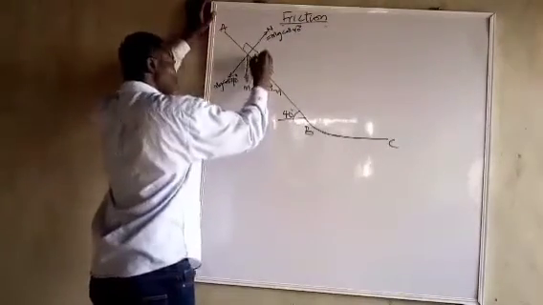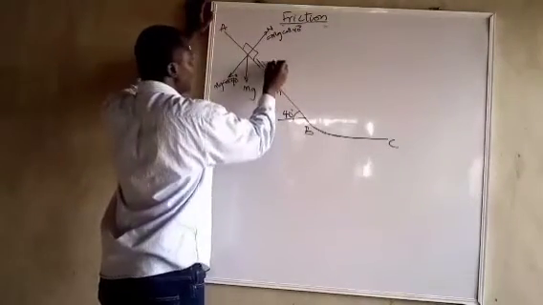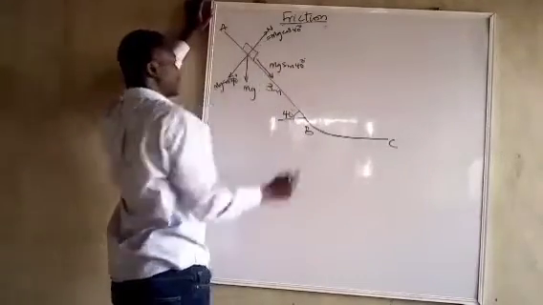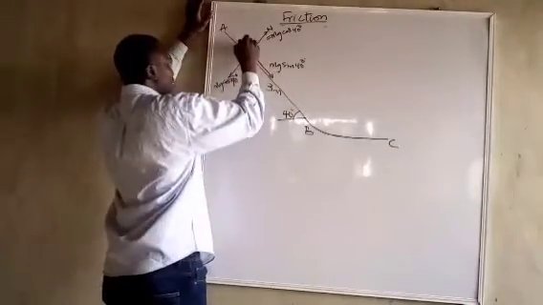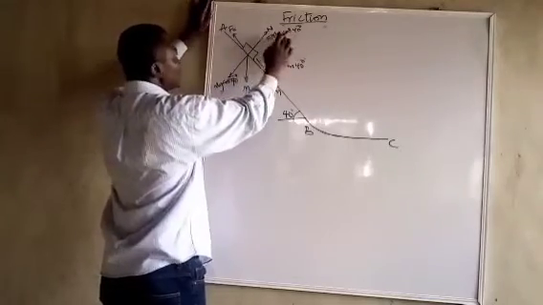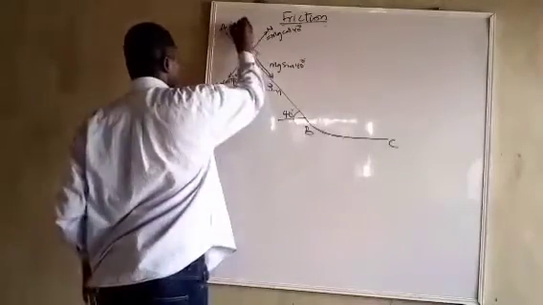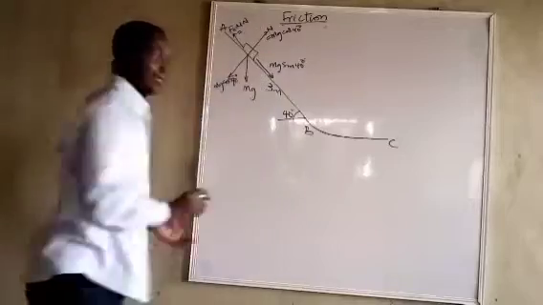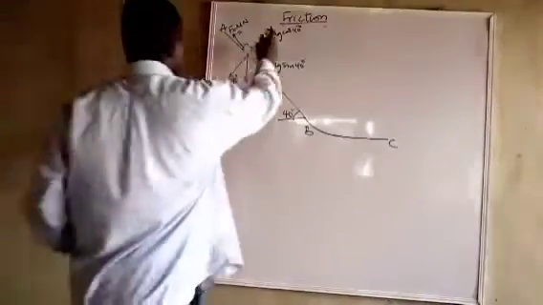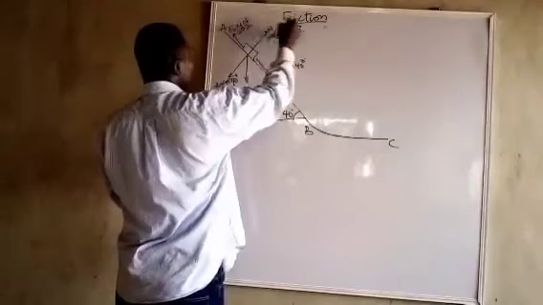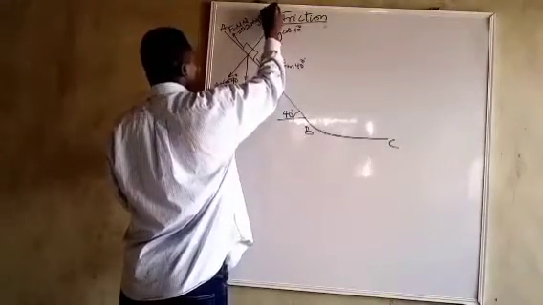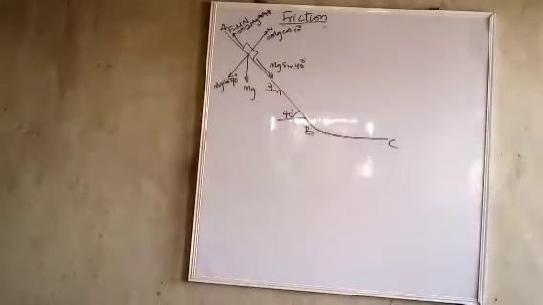Down the plane, we have mg sin 40 degrees. The frictional force acts against this. We have F, which is mu times N, which is 0.25 times mg cos 40 degrees. So these are the forces acting on the body.